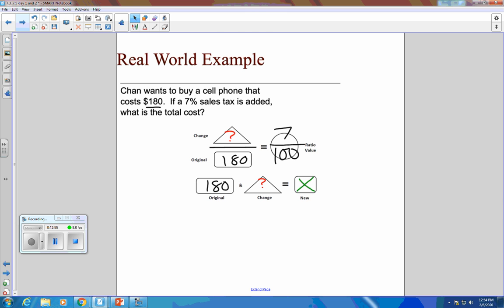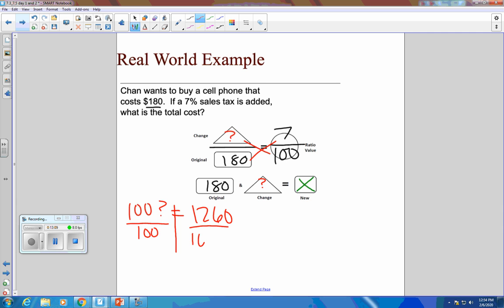Okay, I take 100 times the question mark, which is 100 question mark, equals 180 times 7, which is 1,260. Divide both by 100, and I get question mark equals 12.6.